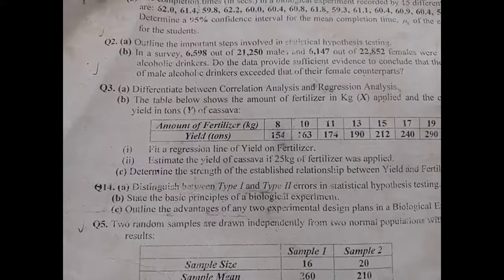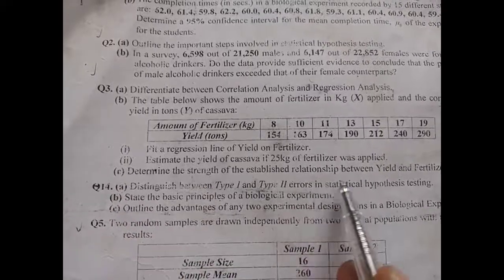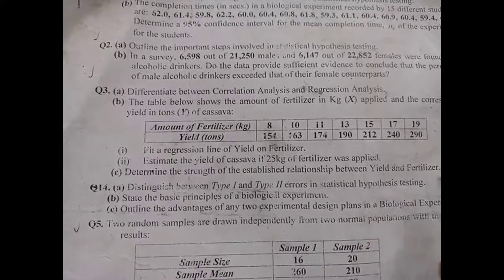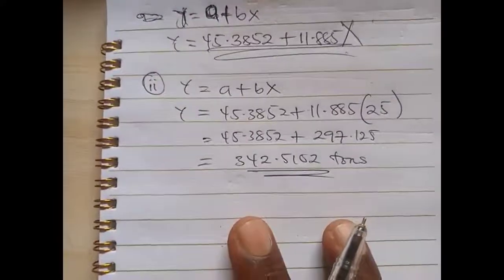The next question says, determine the strength of the established relationship between the yield and fertilizer. Whenever we hear strength, we're talking about the coefficient of correlation, r.